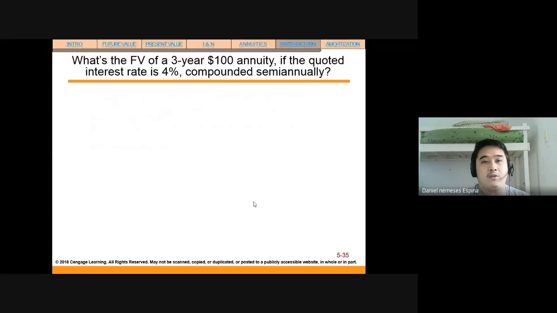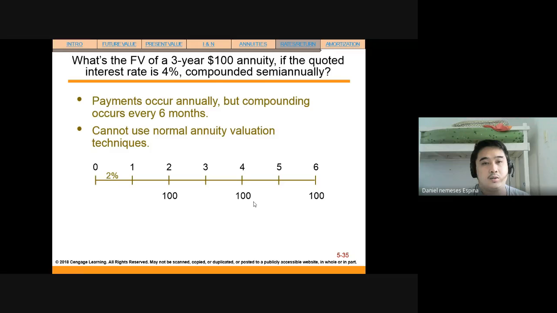So, the future value of a 3-year $100 annuity, where the nominal or quoted interest rate is 4% compounded semi-annually. On the timeline, it looks like this. You pay annually, but the compounding period is semi-annual. So there are 6 compounding periods.